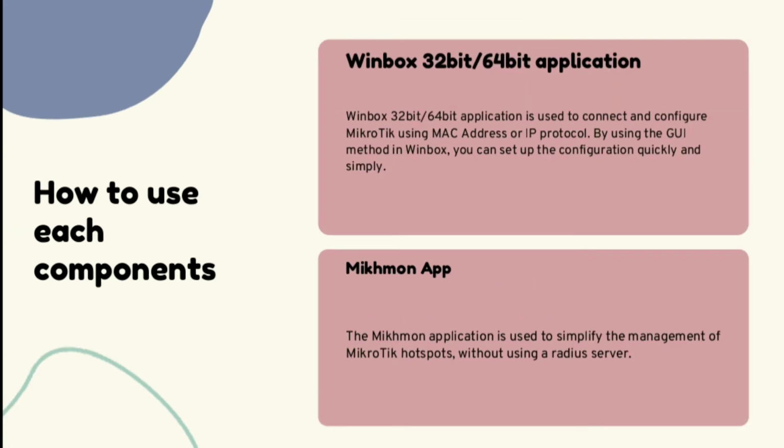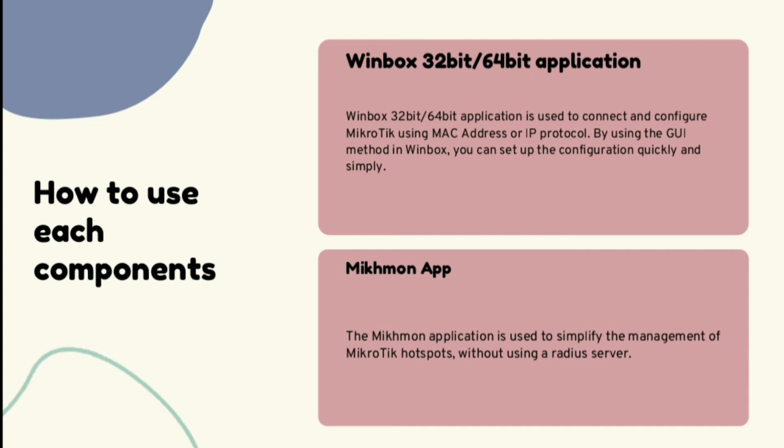Okay, the next slide is how to use each component. Winbox 32-bit or 64-bit application. The Winbox application is used to connect and configure Mikrotik using MAC address or IP protocol.